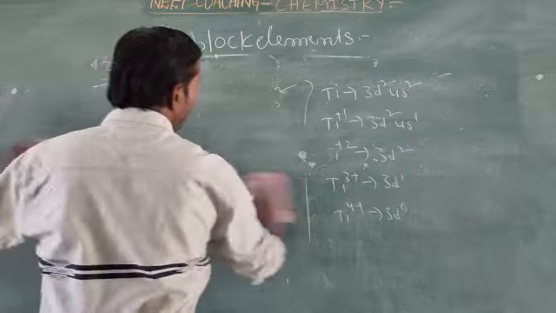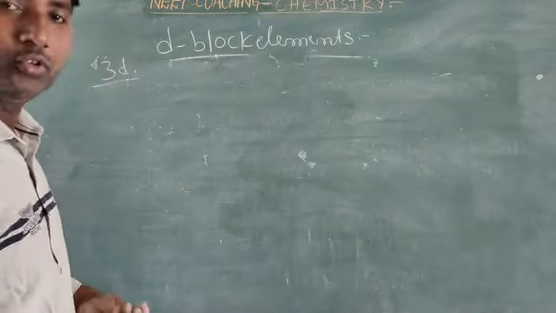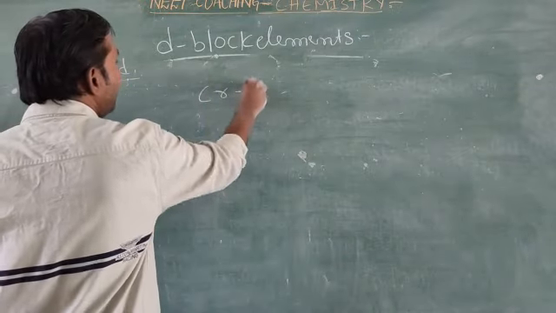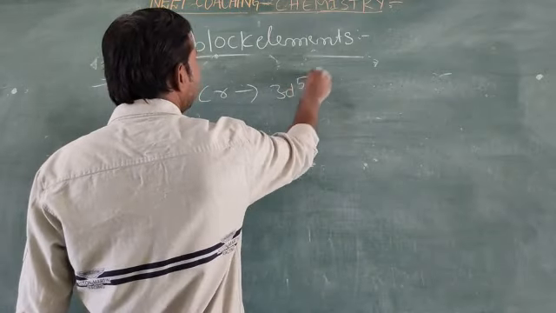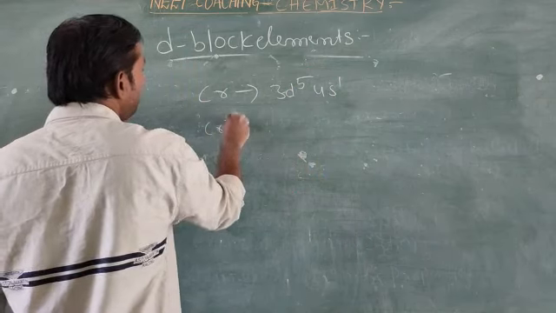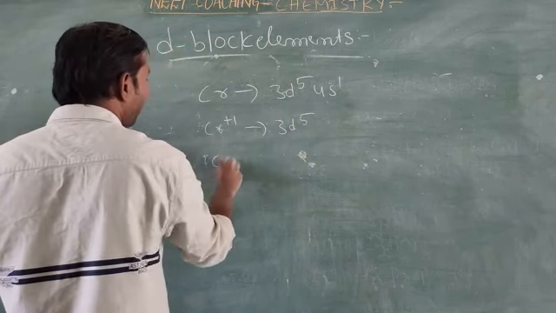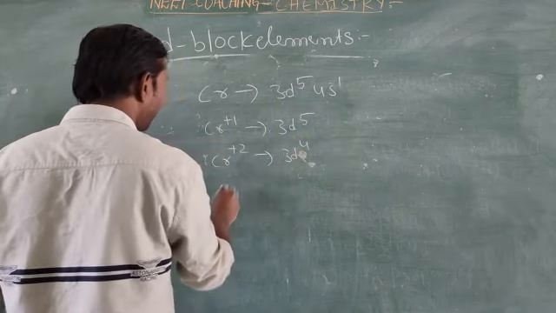Like that, for example, chromium. You should learn about this one. Chromium 3d5 4s1. Chromium plus 1, 3d5. Chromium plus 2, 3d4.